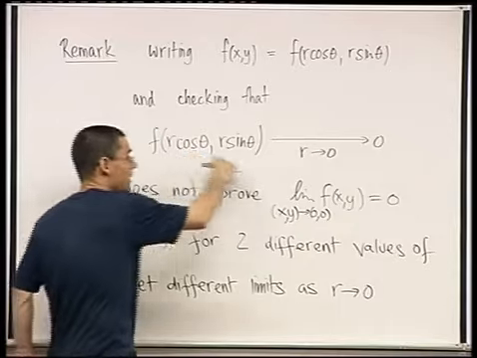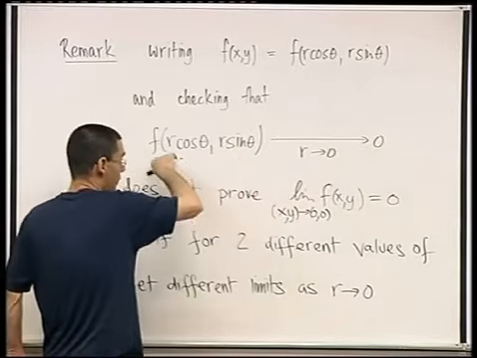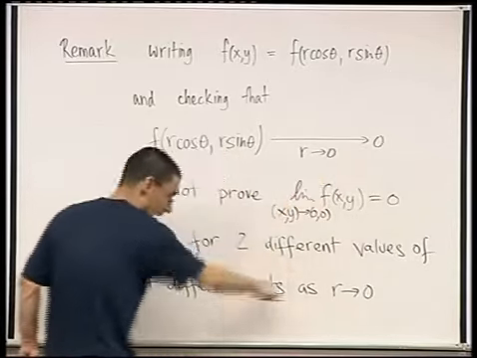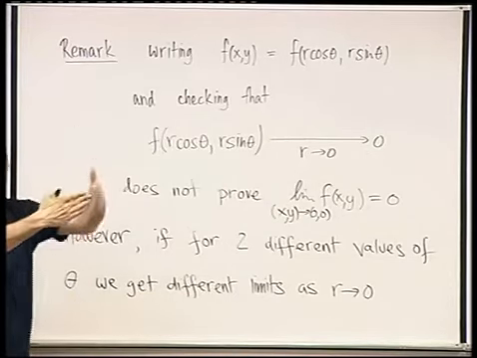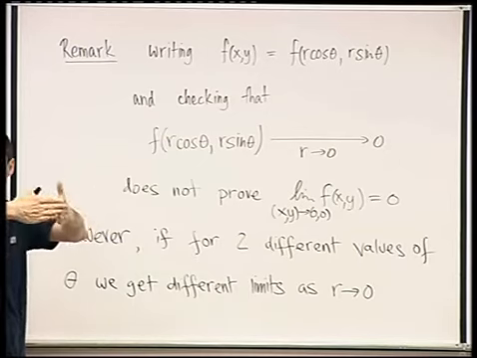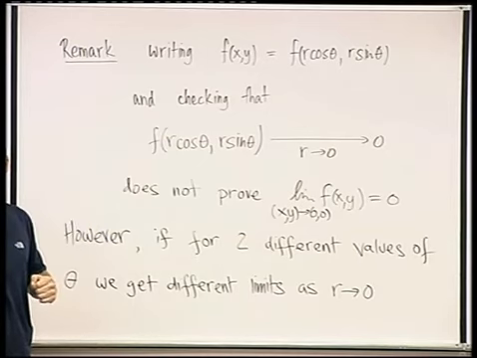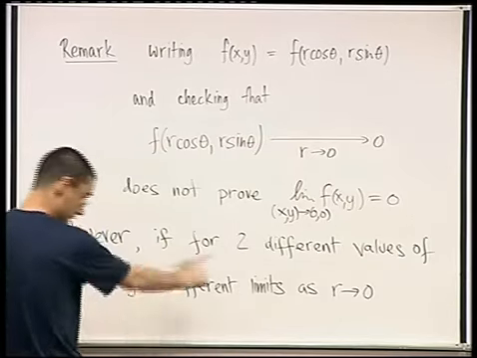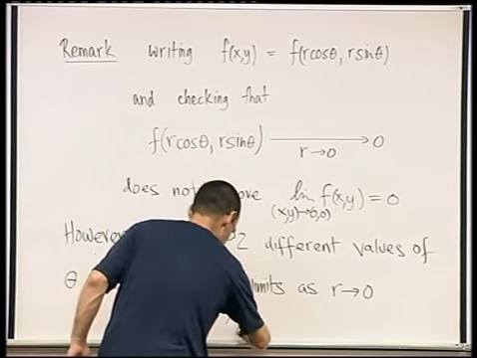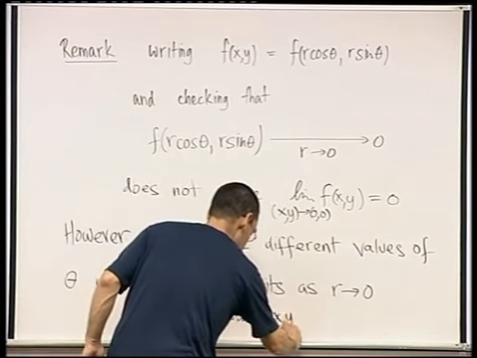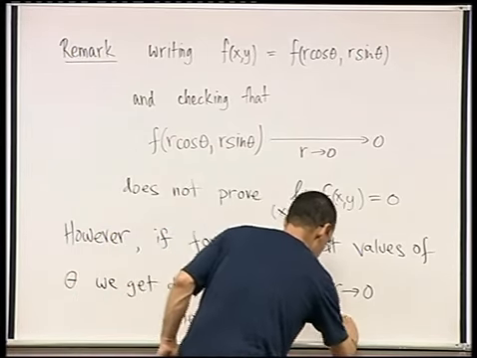If for one theta you get a limit, whatever it is, and for another theta you get a different limit as r goes to 0, that's exactly saying that when you approach along different lines, you get different limits. And therefore the limit doesn't exist. Okay? So if this happens, then the limit of f of xy does not exist.